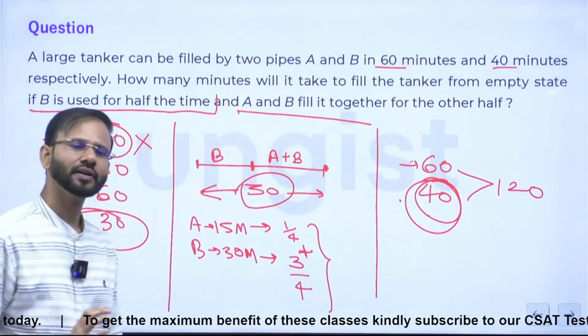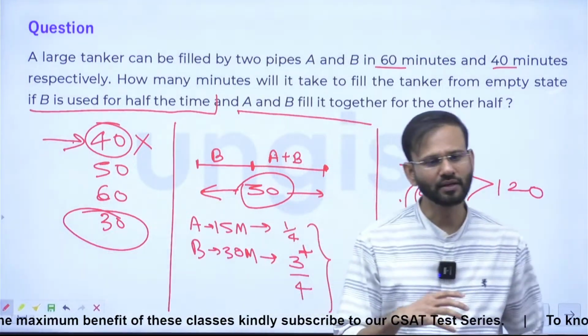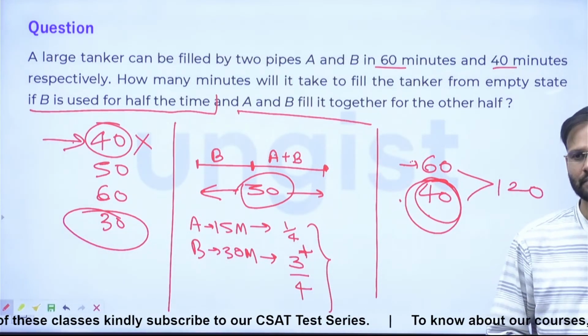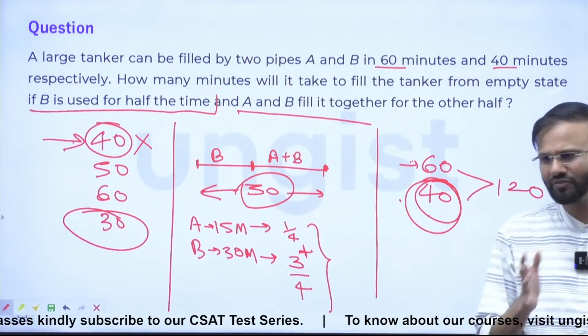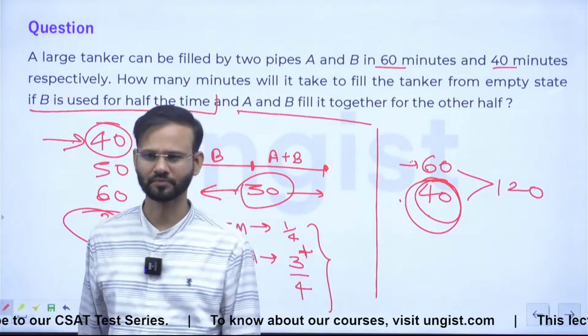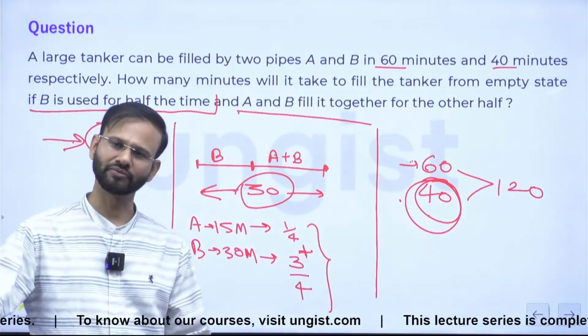Yes, everyone, if we don't have the options, then how to solve this question, please? Obviously, if we don't have the options, then we will go through the equation. We have to form an equation.